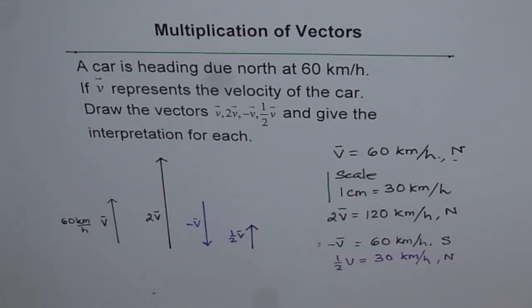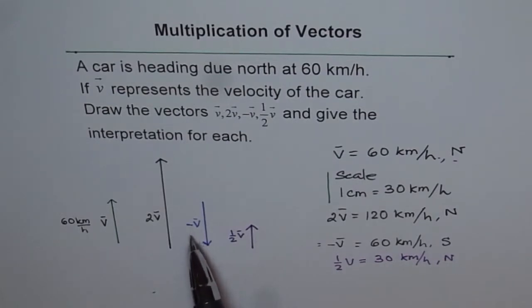So what we saw in these cases was that the magnitude changed and the direction also changed. See, when we multiply by a negative number, you can say a real number, then the direction reverses. And if you multiply by a number which is more than 1, magnitude increases.